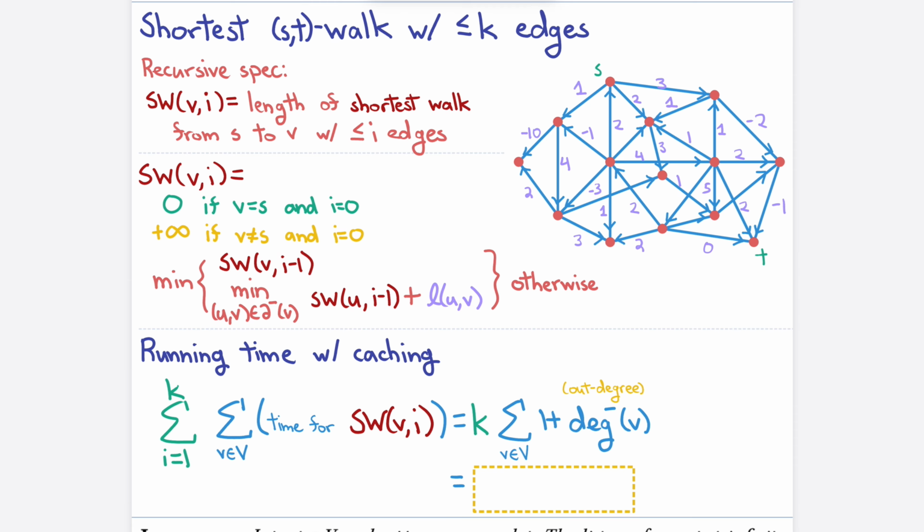Okay, so K, just because we're doing up to K edges, we're just going up to some K. Eventually we'll set K to be N or something like this. But I wrote 1 in case I had no in degree, plus whatever's the in degree of the vertex. Okay? And if I sum up the in degree over all the vertices, what do I get?